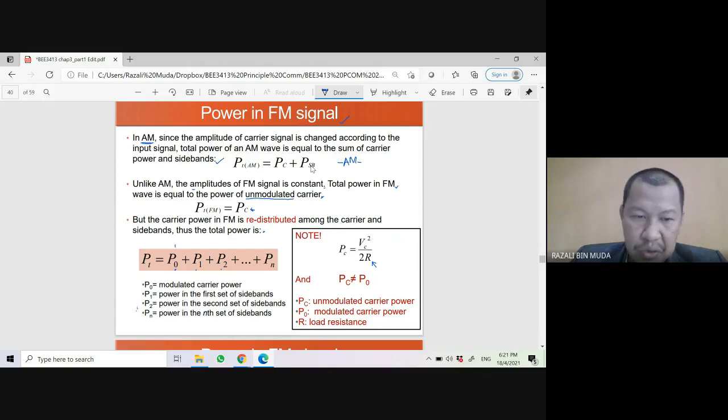PC is the unmodulated carrier power, P0 is the modulated carrier power, R is the load resistance. So PC equals the total power in FM. This equation.